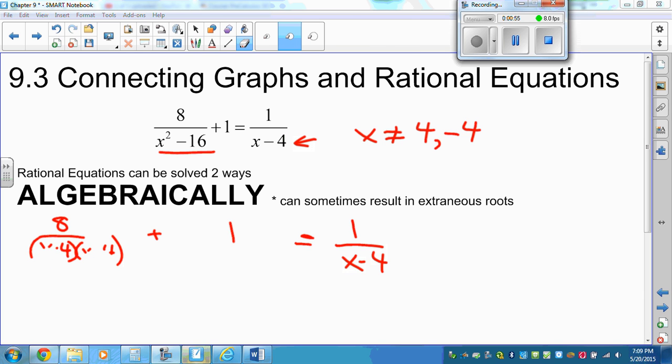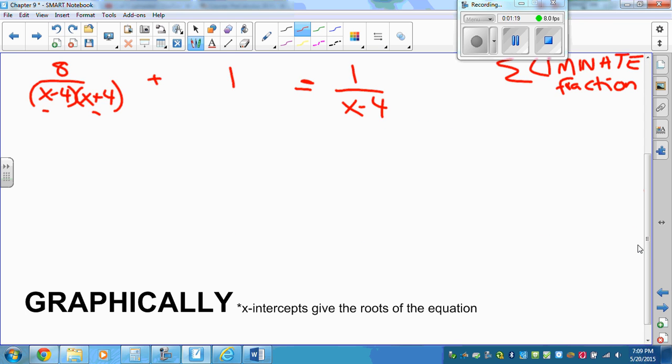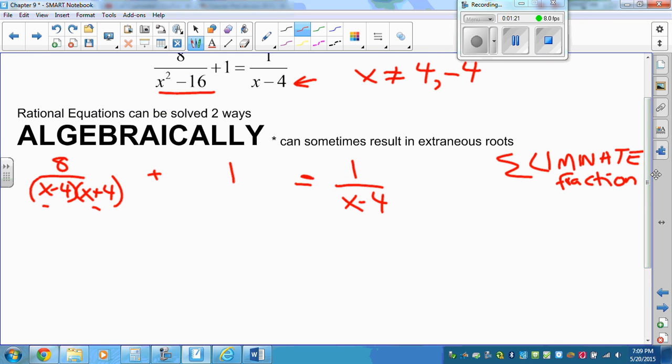Okay, so I'm solving this algebraically. When I solve it algebraically, my strategy is I'm going to eliminate fractions by multiplying.